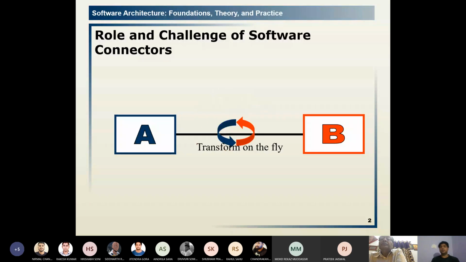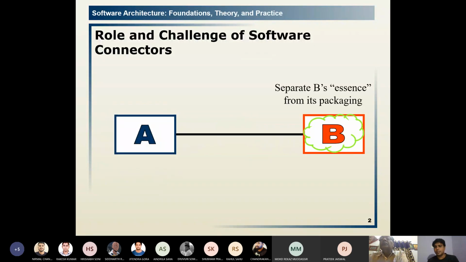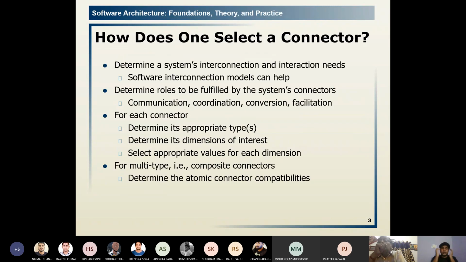Then transform on the fly, from A to B, during the connector attachment with the 2 components. Now maintain multiple versions of how we are connecting to B. Separate B from its package. So these are some ways or processes we use with the connector between the 2 components.